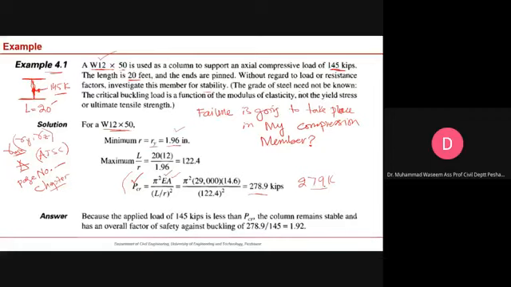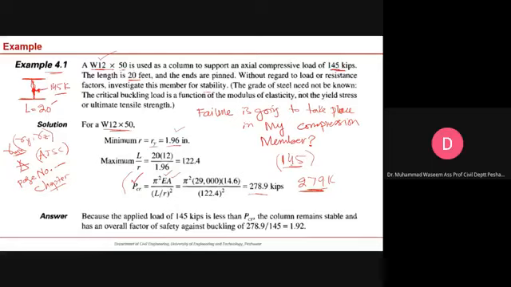Now you have to compare this value with this value. The load which is acting on the member is 145 kips, and the critical load at which the buckling occurs is about 280 kips. It means that you do not have any instability in your member due to this load.